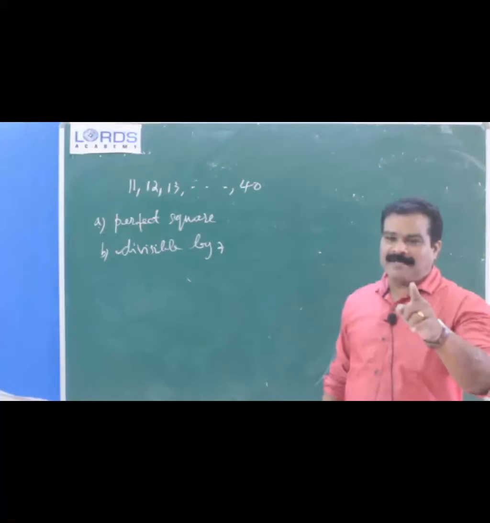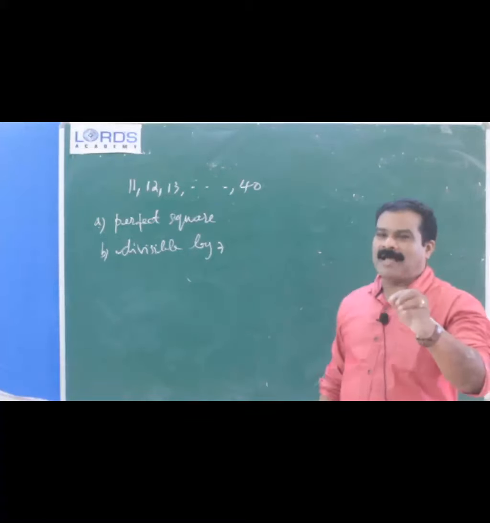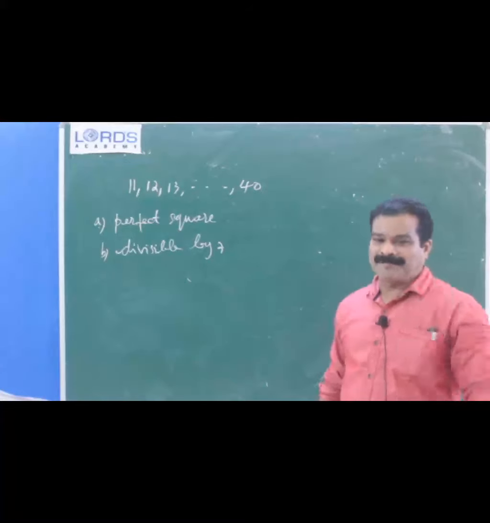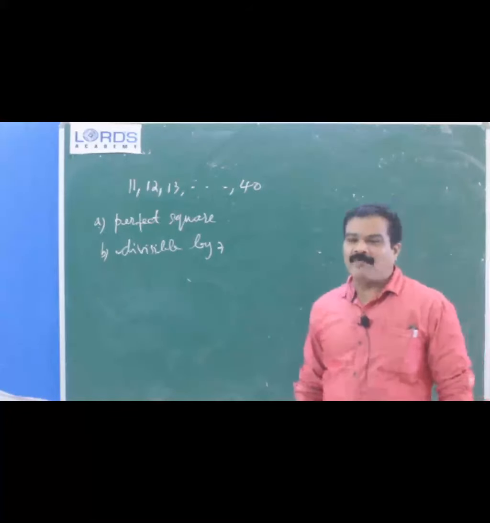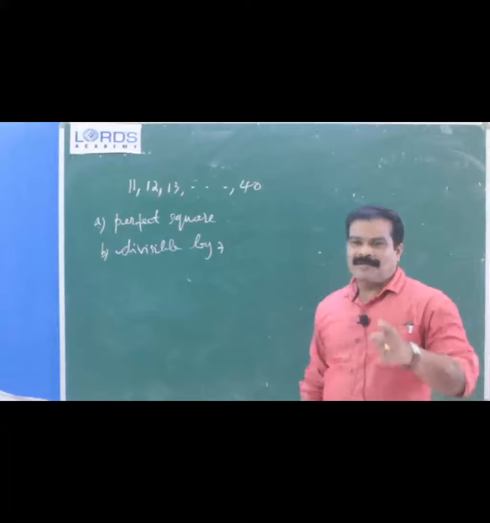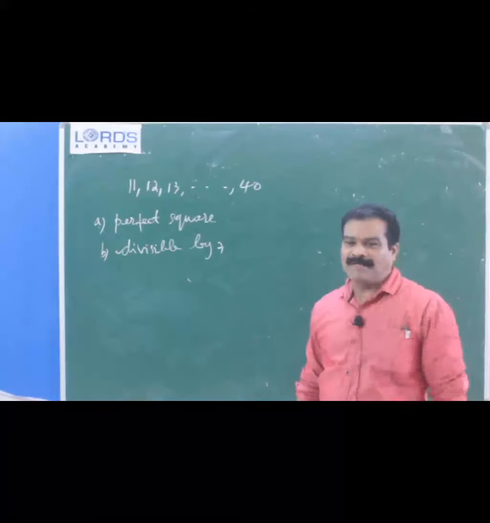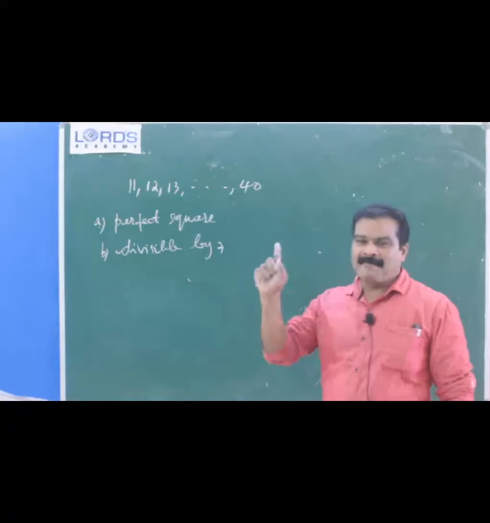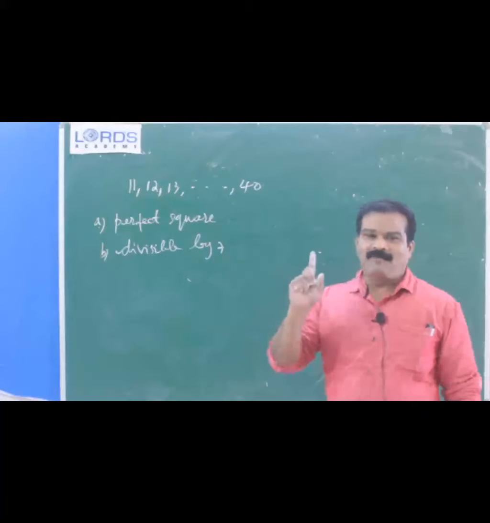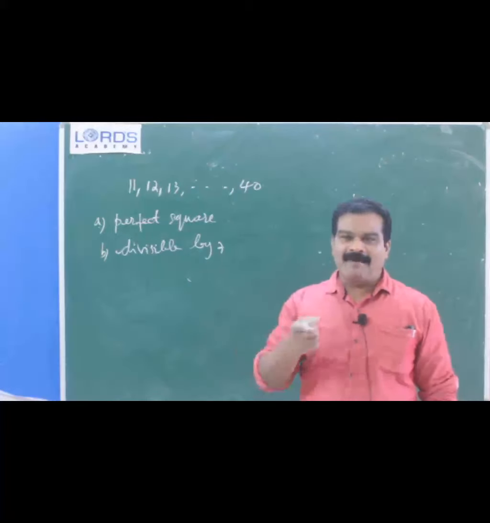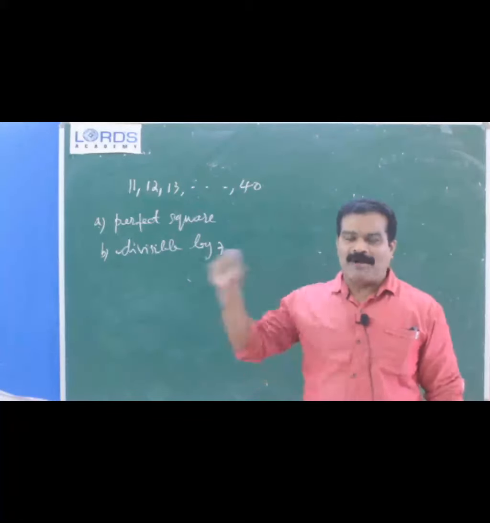You can think of arithmetic progression also there. To find out the number of terms, you have a formula: last term minus first term divided by common difference, plus 1.